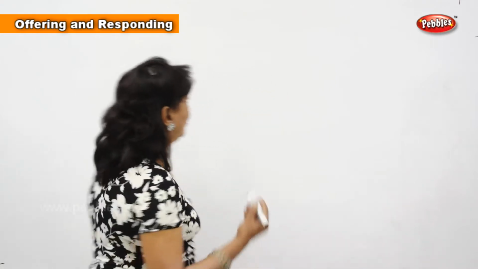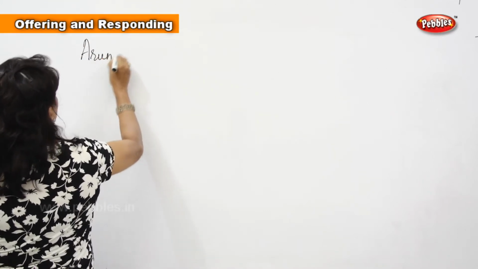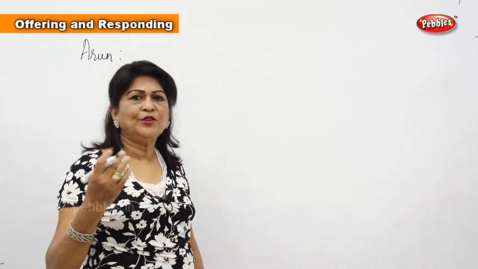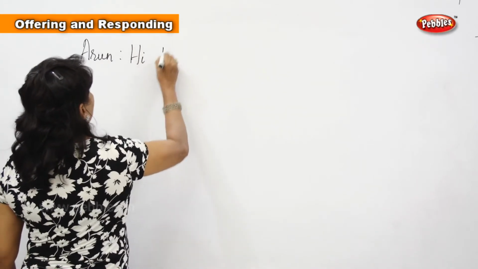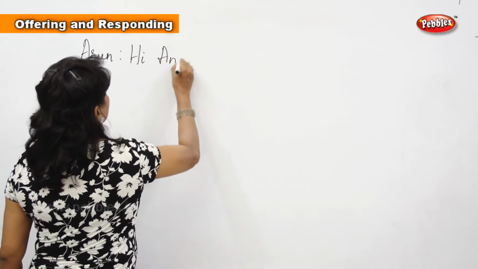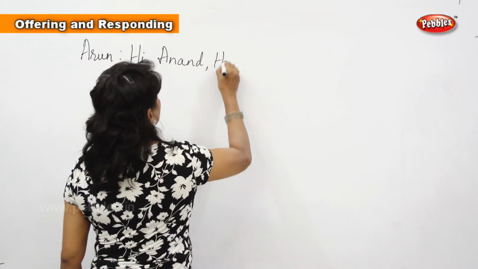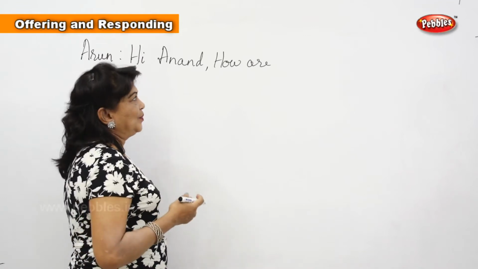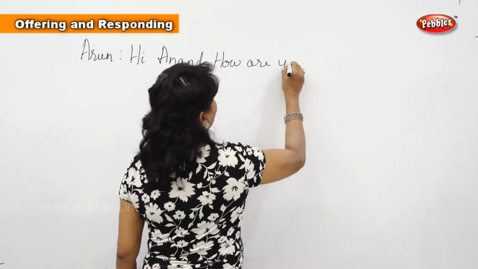For example, Mr. Arun visits your house. Your name is Anand and your friend Arun enters. Hi Anand. How are you? I have already taught you that when you wish someone whom you know very well, you just say, how are you?